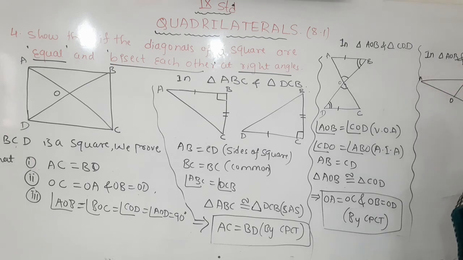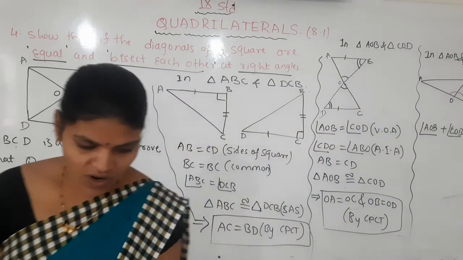Here the sum of these two angles is how much? 180 degrees. Yes. Angle AOB plus BOC, or COB, is how much? 180 degrees. Yes.